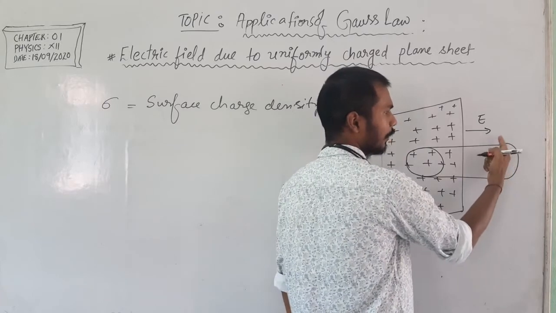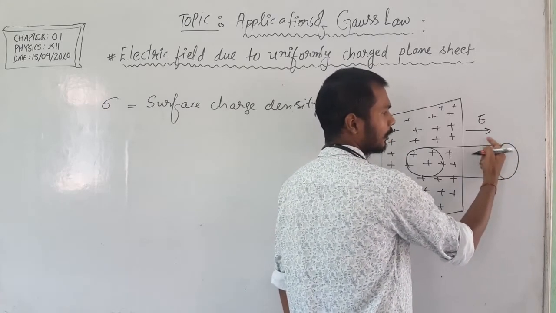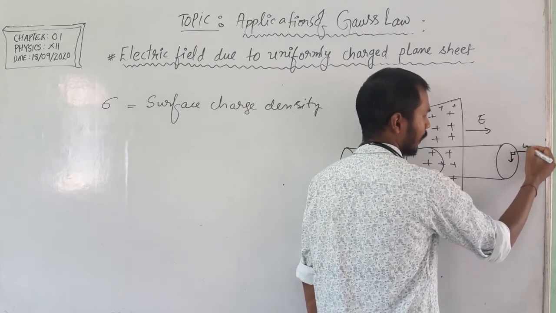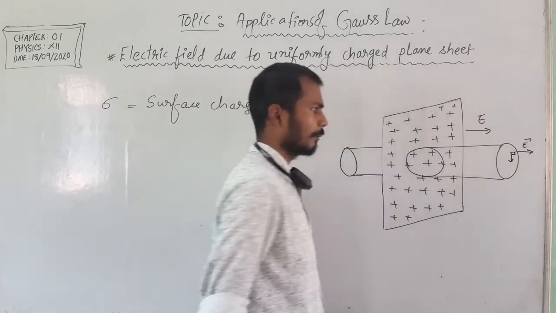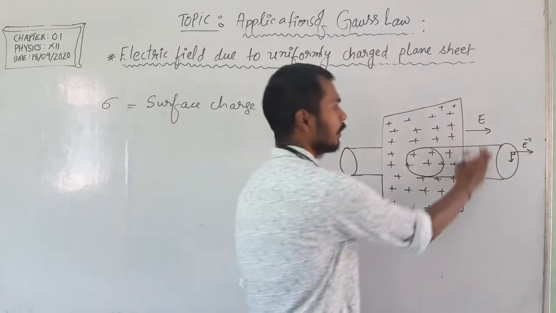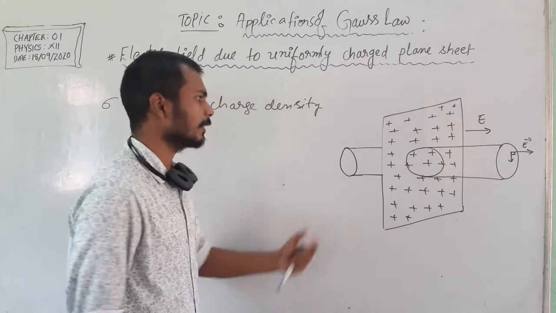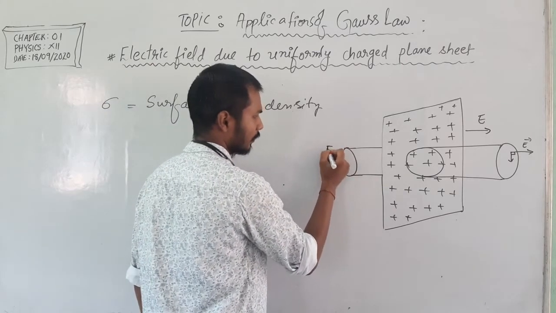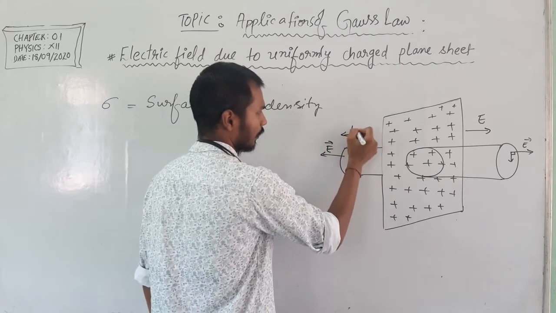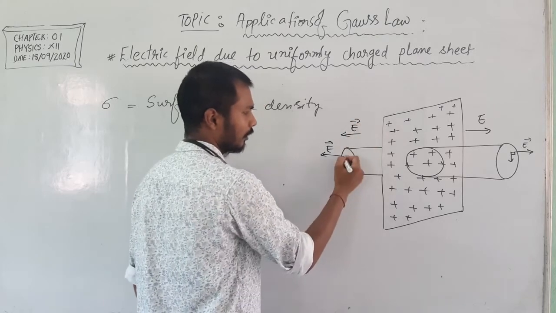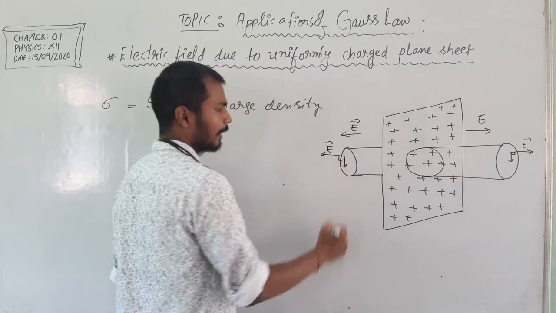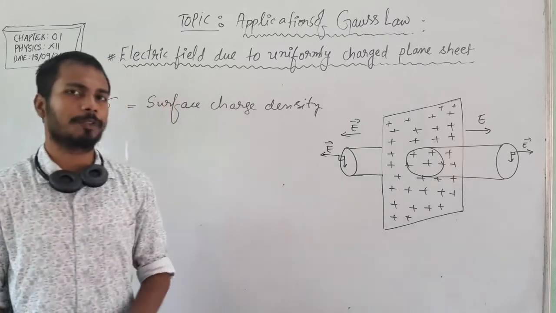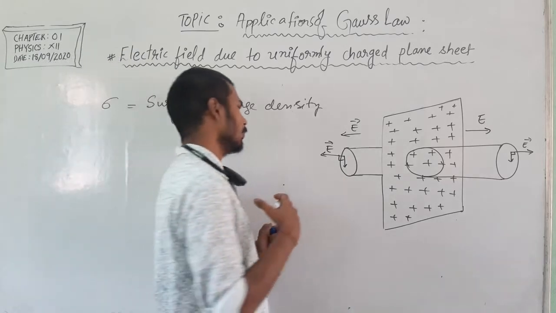Now find the direction of the electric field. The direction of the electric field is perpendicular to the plane of this surface. Similarly, in this case also, the direction of the electric field is perpendicular to the plane of the surface drawn by us.